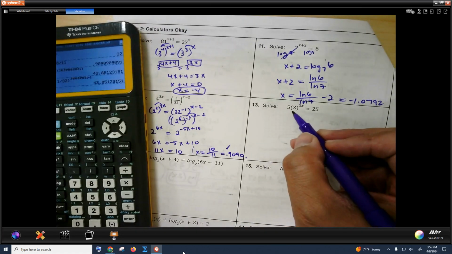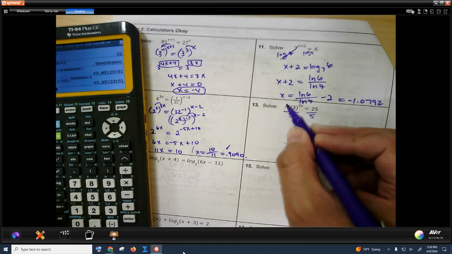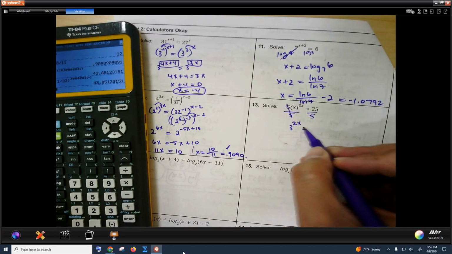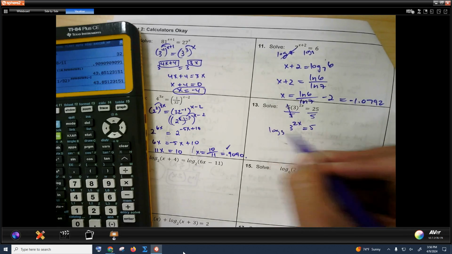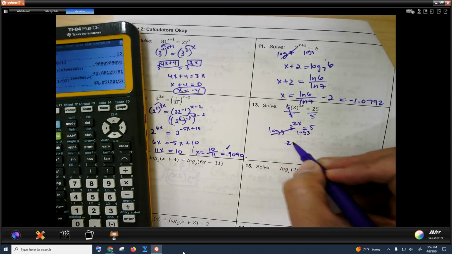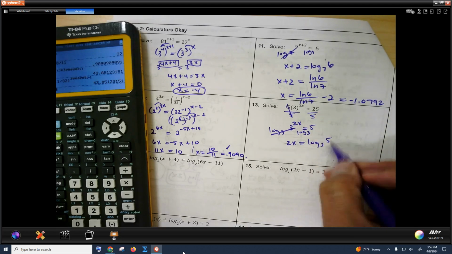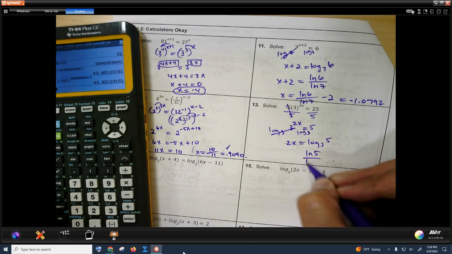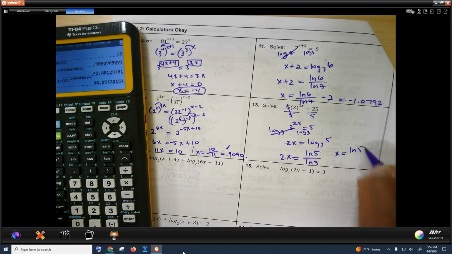Okay, here, that's not really a base. That's just a multiplier. So start off by dividing by that 5. And then you realize you can't create base, so you're going to do a log 3 to get rid of that. And then this is done just like that. We're going to change it to a natural log base. And then the answer is when you divide it over.